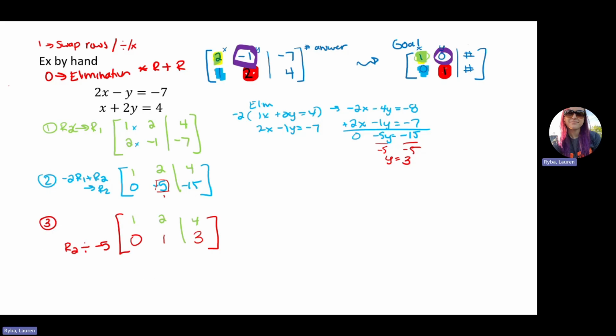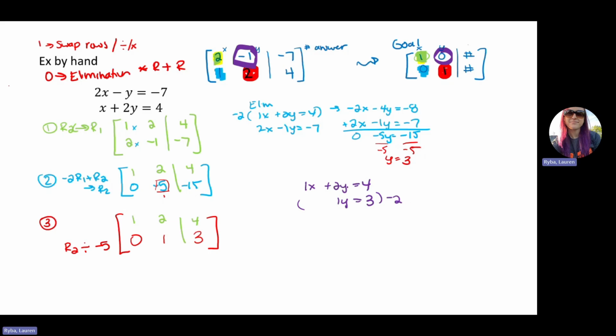Just to show you here, if I was working with 1x plus 2y equals 4 and 1y equals 3, and we want to cancel out the y's, what would you have to do? Times this one down here by -2. Yep. And then I would be able to add my rows together.